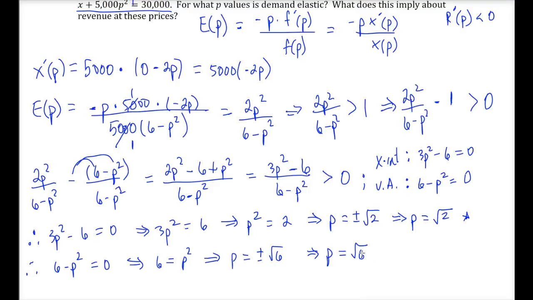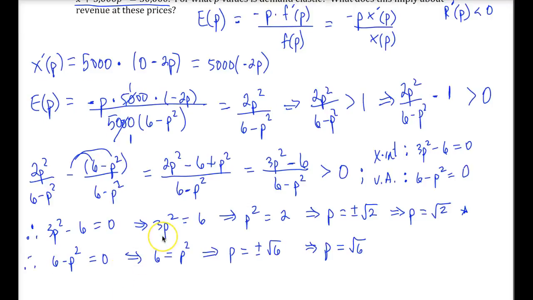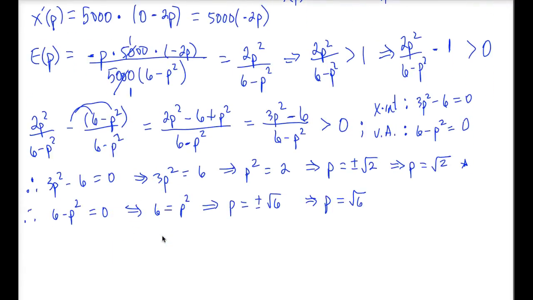So in looking at this, I'm going to use the test interval chart to do this. And we'll see that the two partition values that we're going to have are at square root of 2 and at square root of 6. All right, so let's make a little bit more room so that we can do our test intervals here.